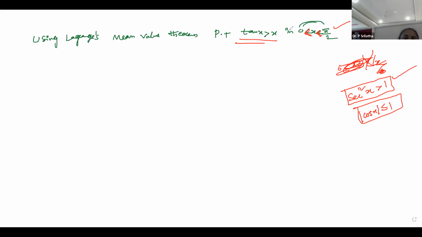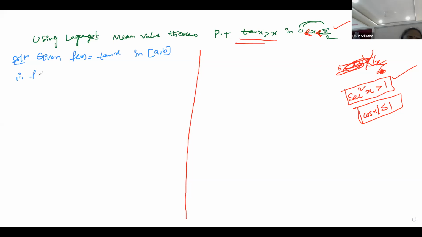So the procedure is everything the same. How can we do this problem? Given that f of x equals tan x, defined in, here I am taking just a comma b limits.